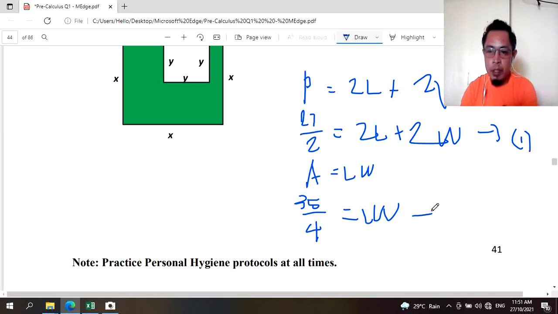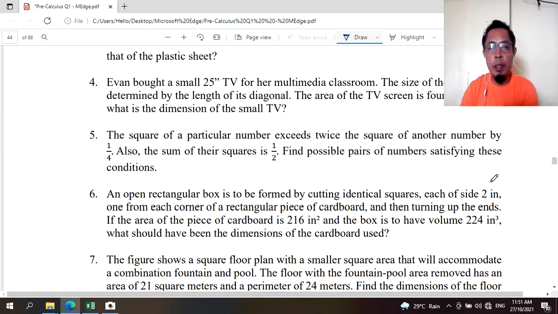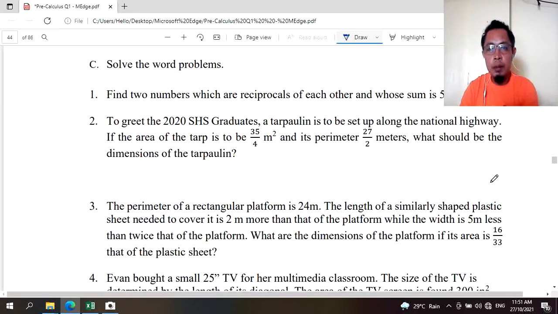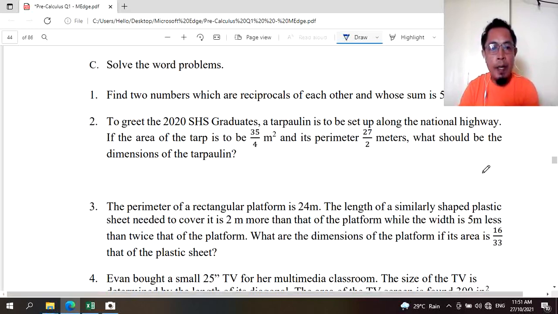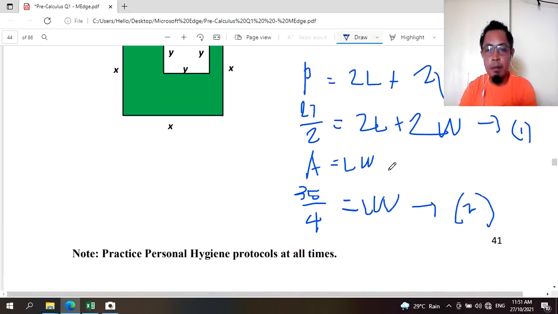So we can consider this one as our second equation. So how are we going to solve that one? How are we going to find the dimensions of the tarpaulin?